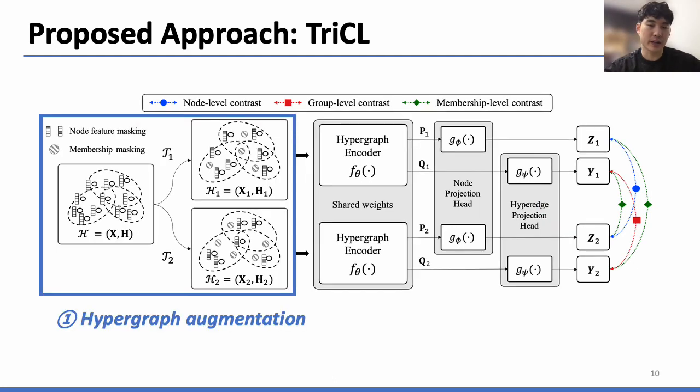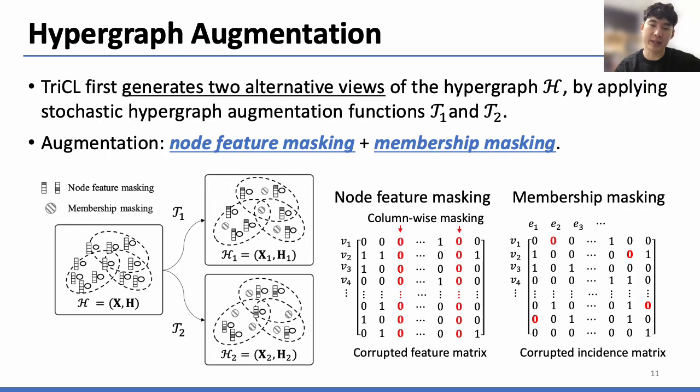The first component is hypergraph augmentation. Contrastive learning needs two different views of an original hypergraph because it requires something to contrast. So, TriCL first generates two alternative views of the hypergraph by applying stochastic hypergraph augmentation functions T1 and T2. We use a combination of random node feature masking and membership masking to augment the hypergraph.